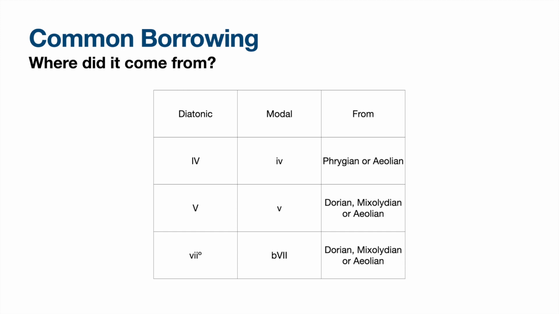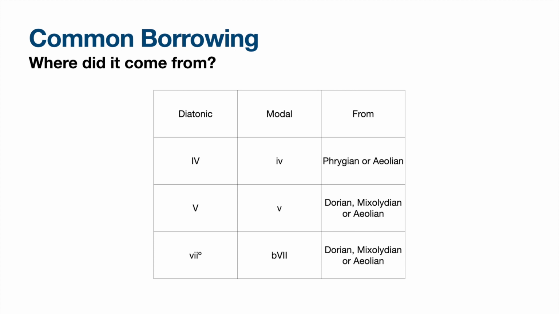So if I was doing an analysis and I came across either of these two, the minor 5 or flat 7, I would include a note that this note is borrowed. If the piece is in minor, I would say the composer is borrowing it from Dorian or Aeolian. If the piece is in major, I'd say they're borrowing it from Mixolydian.